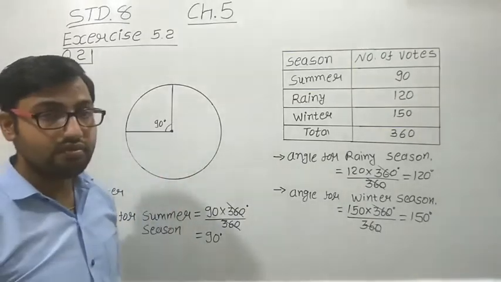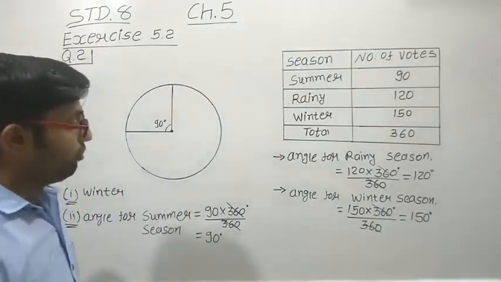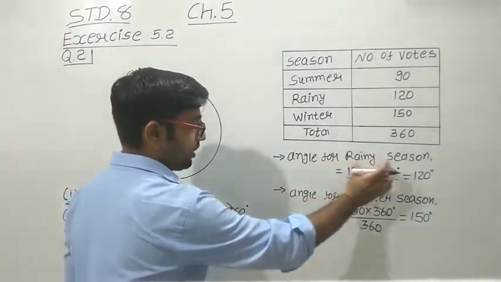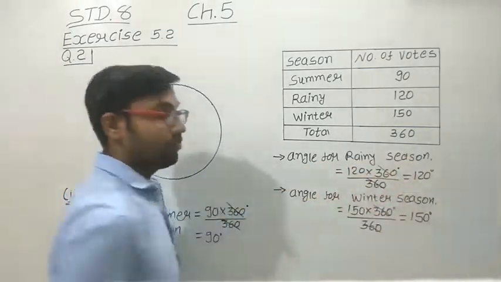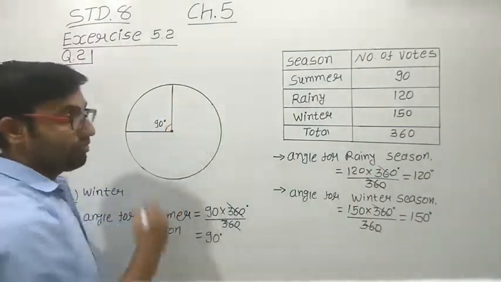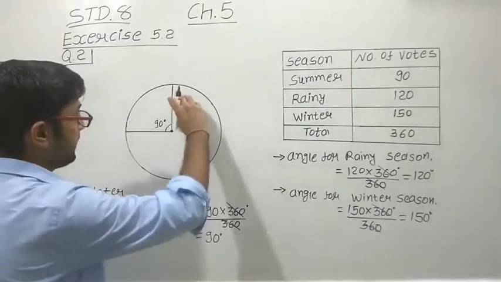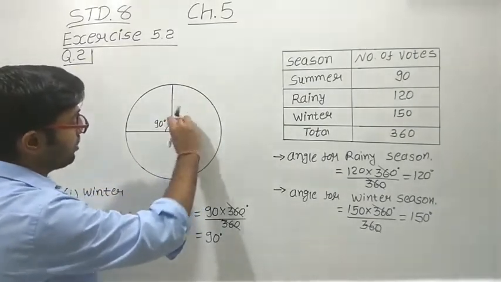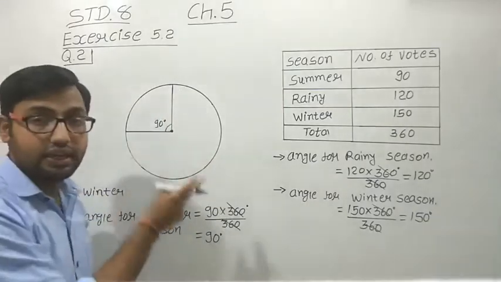So this angle that is now constructed here is 90°, right? Okay, now the second thing we have to construct here is the angle for the rainy season, that is 120°. Here this is one of the arms we have to consider. By taking this arm as a base, as a reference, we have to construct a 120° angle here.